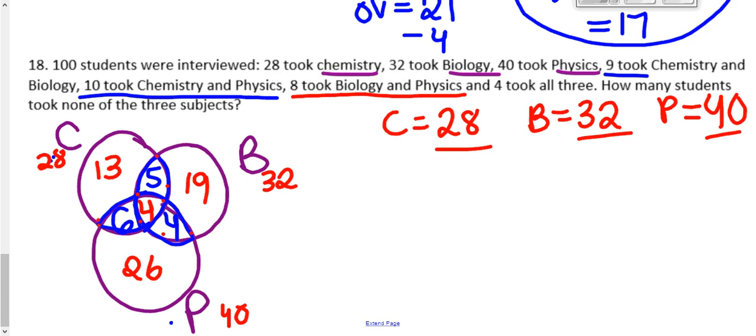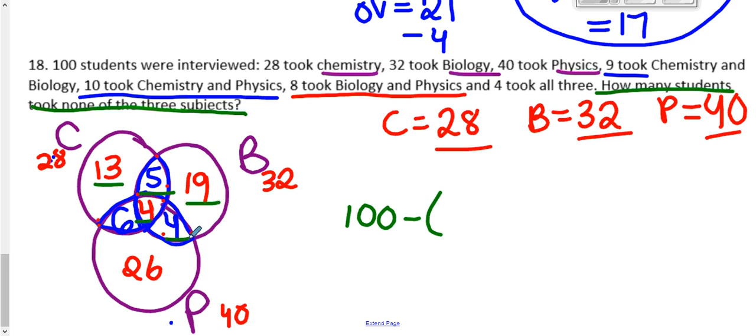Now, with all this information, we can answer their question. How many students took none of these 3 subjects? Well, if there were 100 students, if we subtract out everybody that made it into one of these sections of the circle, we'll get the students that are left over.